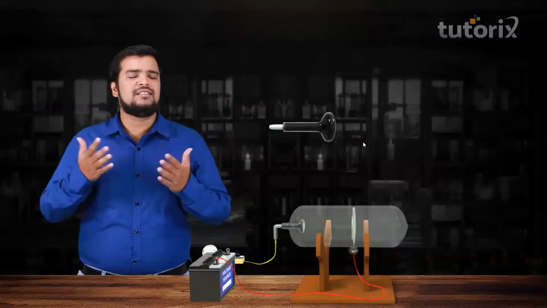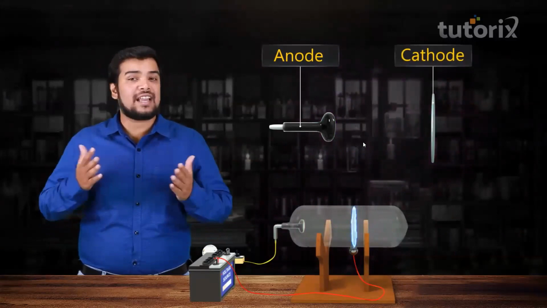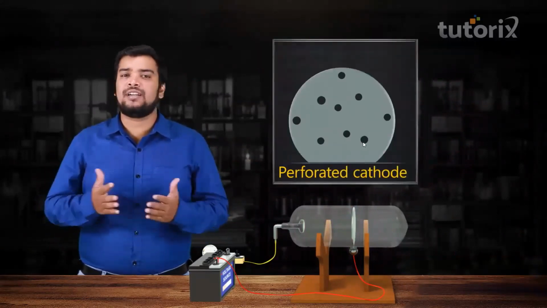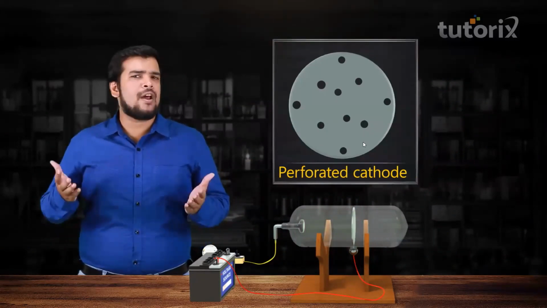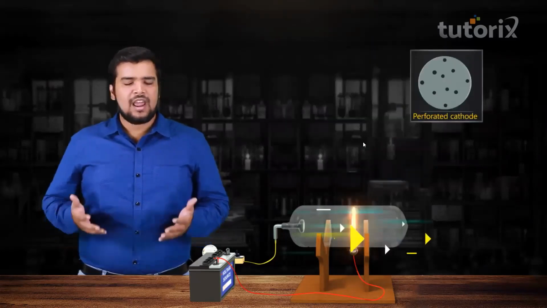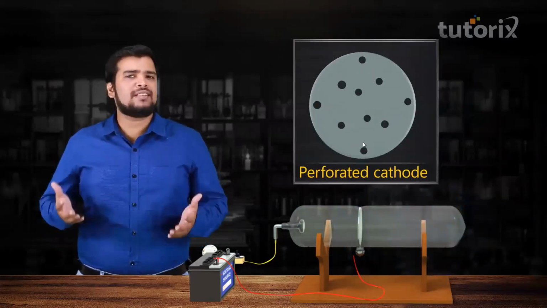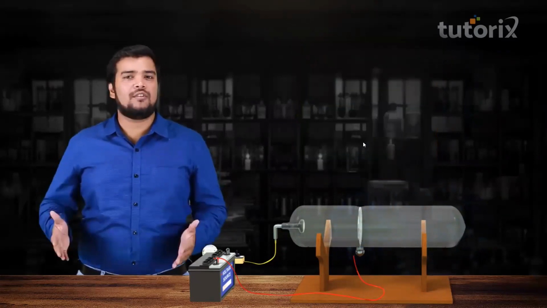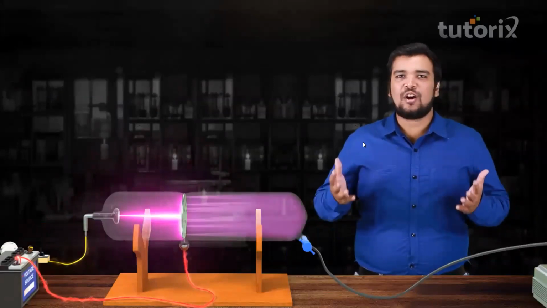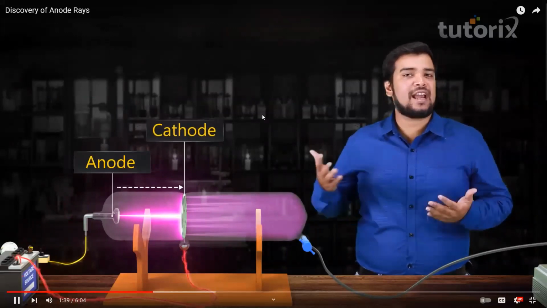Since these particles would originate from the anode, they must be visible behind the cathode. To see this clearly, Goldstein used a perforated cathode. A perforated cathode is simply a cathode with holes in it. He modified the tube by adding another gas chamber and placing this perforated cathode in the middle of it. When he turned on the power, he saw a beautiful pinkish glow which was coming from the anode and was visible behind the cathode.